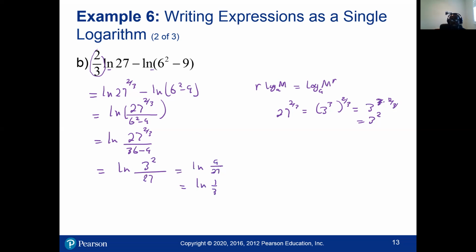So it expresses as a single log. So this whole thing becomes natural log of that. But you notice that this is the same as natural log of 1 minus natural log of 3. But natural log of 1 is equal to 0. So this is nothing but negative natural log of 3.